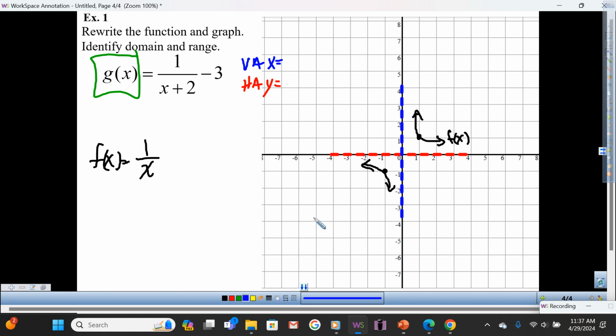All right. Brandon, Felix, VA, -2, and HA? That is correct. Let's do that. -3 is down here. -2 is over here.